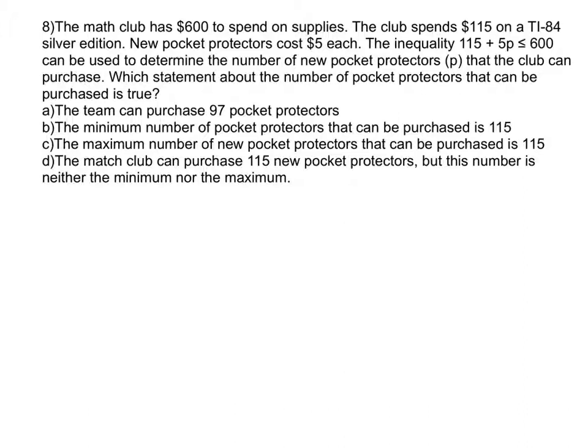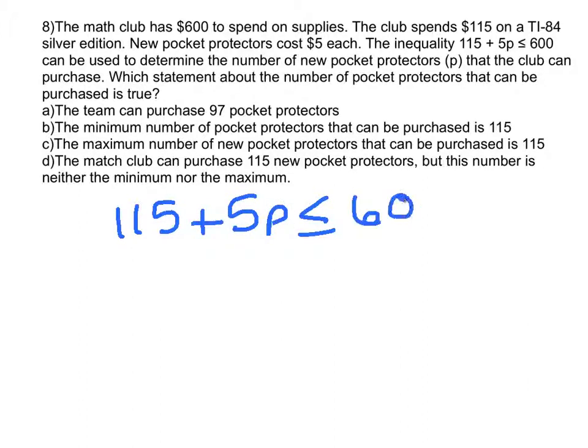Number 8 says the math club has $600 to spend on supplies. They spent $115 on a TI-84. The new pocket protectors cost $5 each. They give you the inequality that can be used to determine the number of new pocket protectors. Basically what you're going to do here is take 115 plus 5p is less than or equal to 600, and you're going to solve for the variable p, or the pocket protectors.